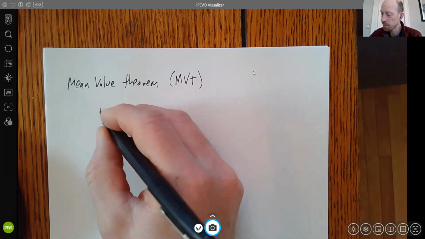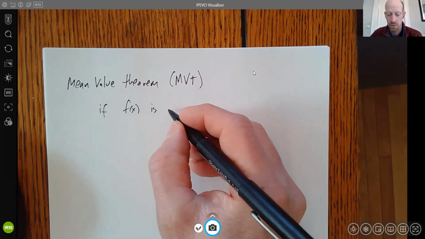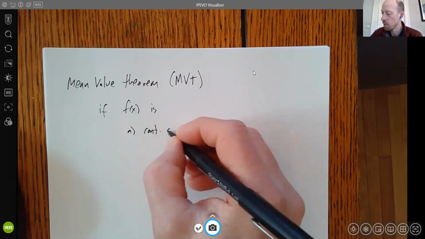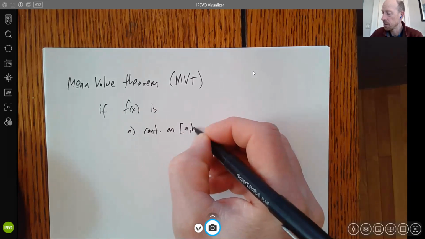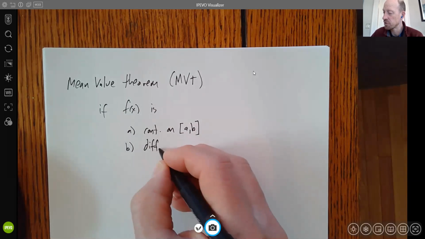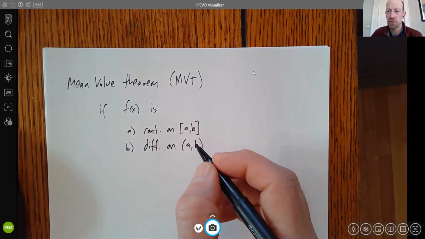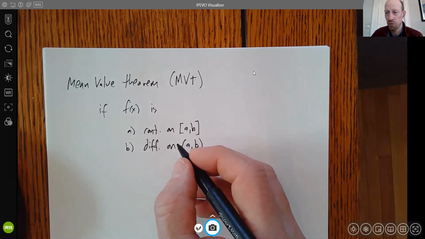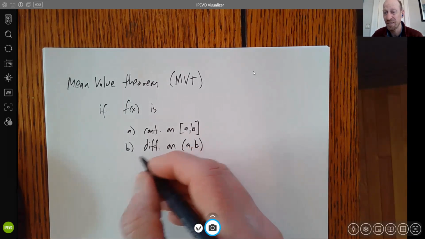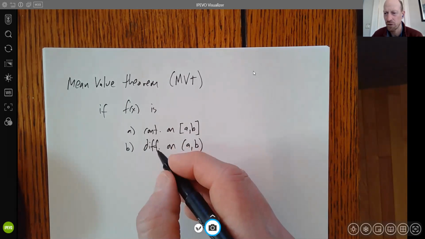It says if f of x is continuous on the closed interval a to b, and differentiable on the open interval a to b, and you should be thinking, this is exactly the same as Rolle's theorem, and this part is, but I don't need the endpoints to be equal. All I need are these two conditions.